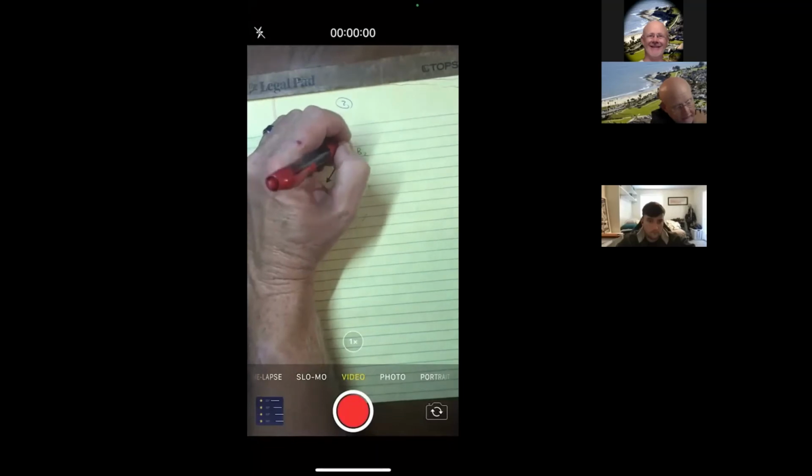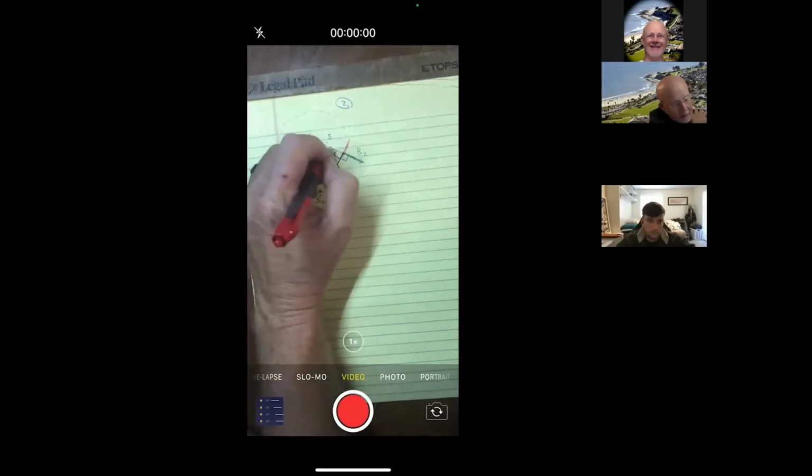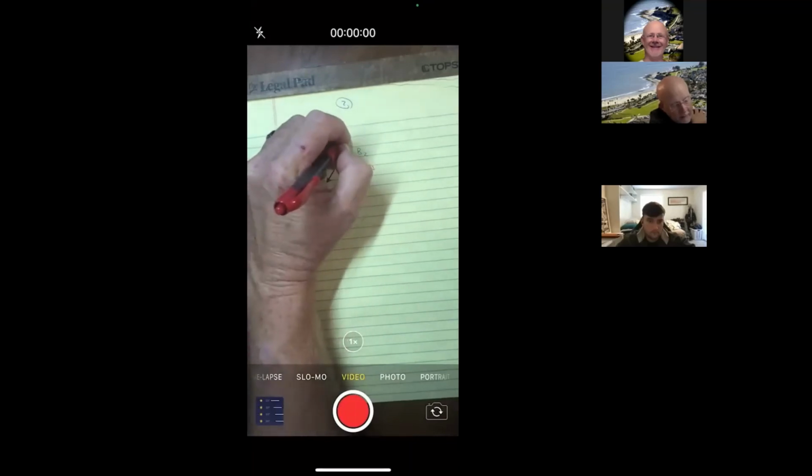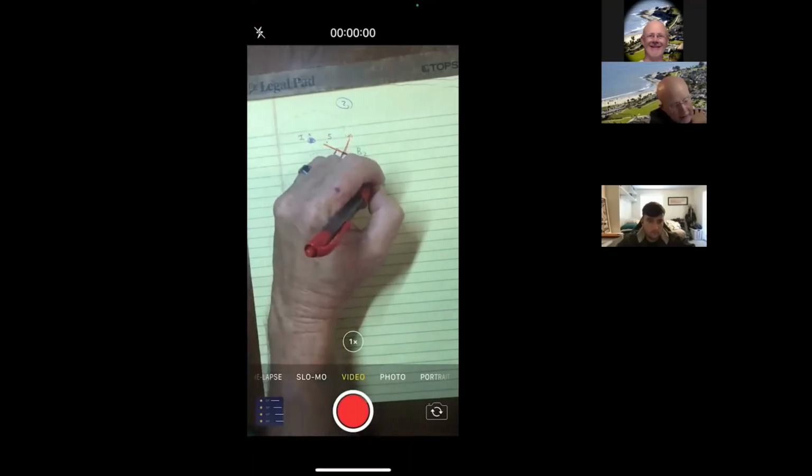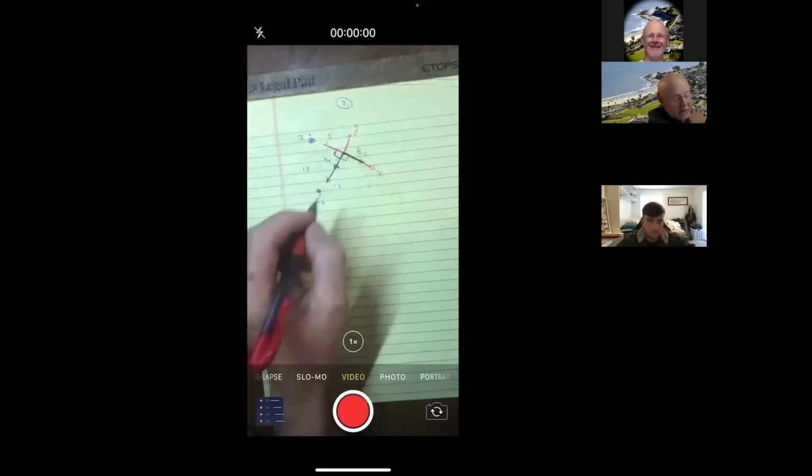And I'm wondering if I should do kind of a grid that's kind of tilted. So this is the x-axis and this is the y-axis.